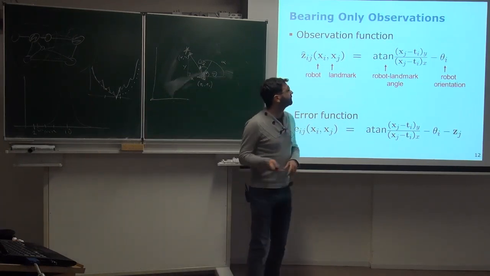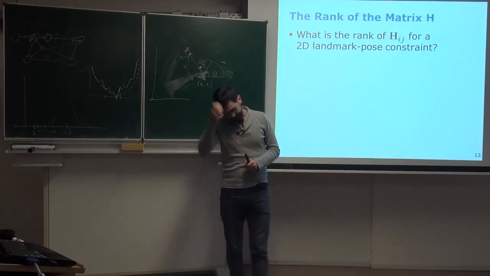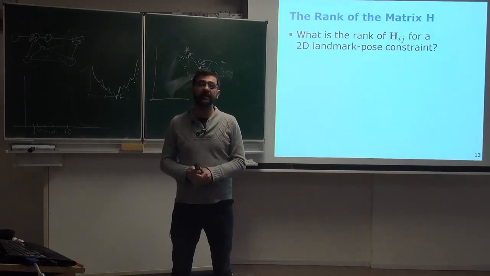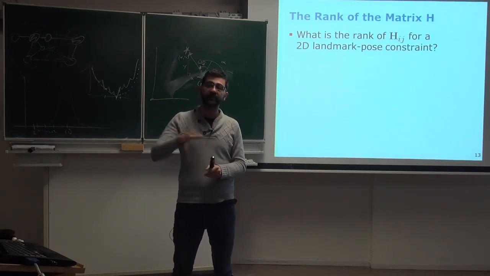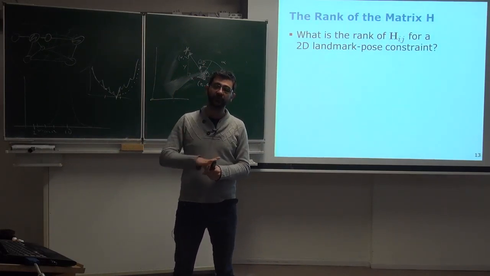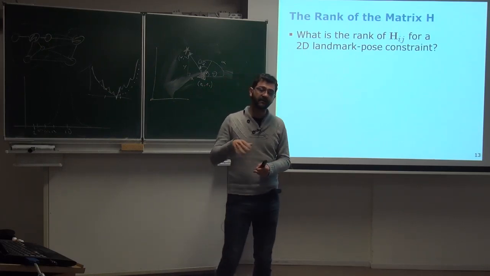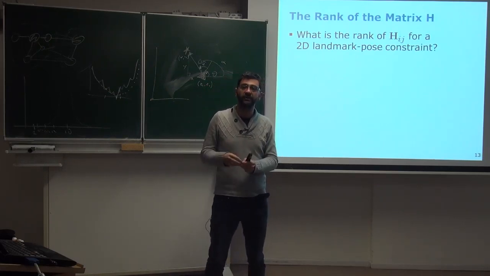Now, I don't know if you remember from last lecture, but one thing which was very important was this analysis of the rank of the Hessian matrix for a least squares problem. That's because if we have a low rank Hessian, there is no way we can find a unique solution to the least squares problem because we have an infinite number of solutions.